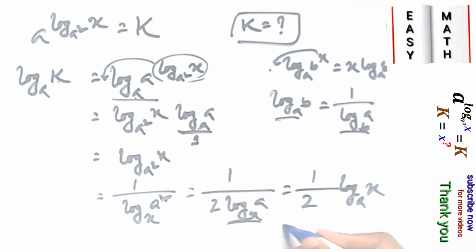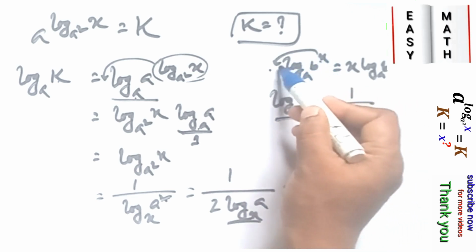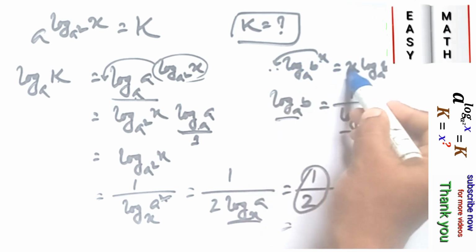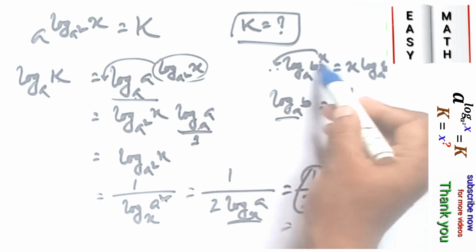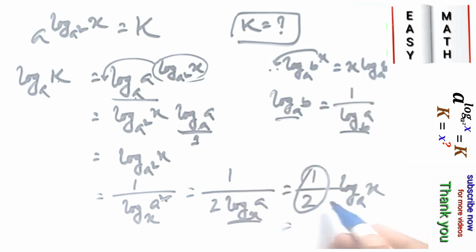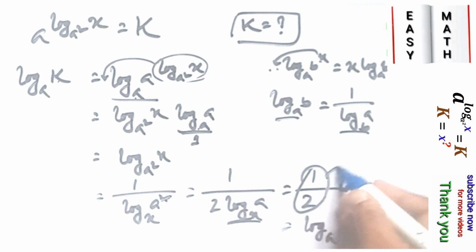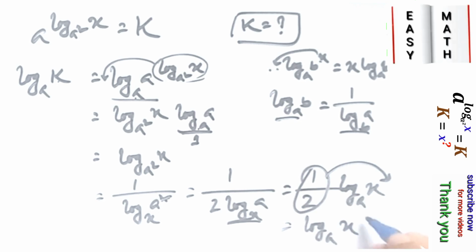And now again this part is similar here, so this part is gone, similarly the opposite, so this is the log a, and this part is gone is here, so x to the power half.